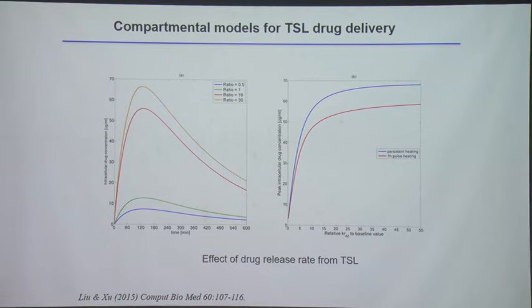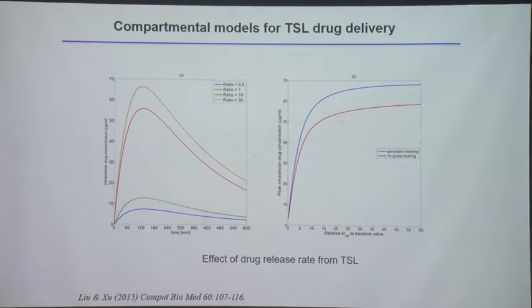So what we're looking at here, we have a few curves. These are normalized, so if you regard the green curve as a baseline, it has a ratio of 1. Then the blue line corresponds to the intracellular drug concentration as a function of time when the release rate was reduced by half.